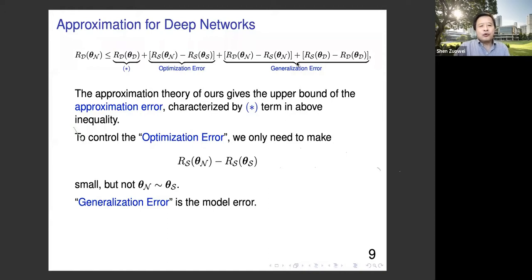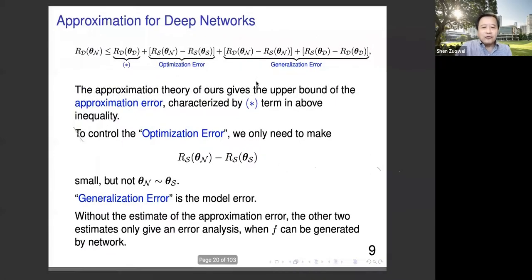When people talk about this error for deep learning, especially supervised learning, many of them mix these three, so it's sometimes very confusing. You don't know which one they are talking about. Now I want to separate these three.